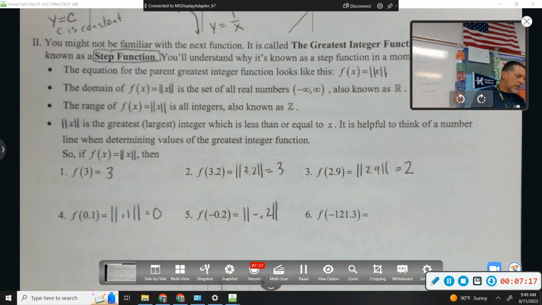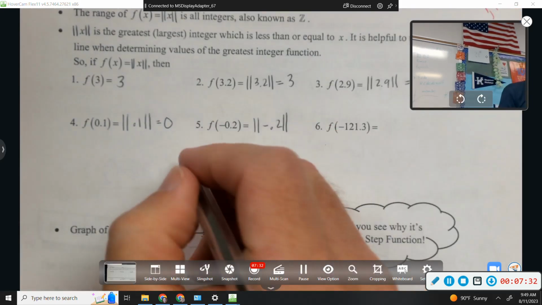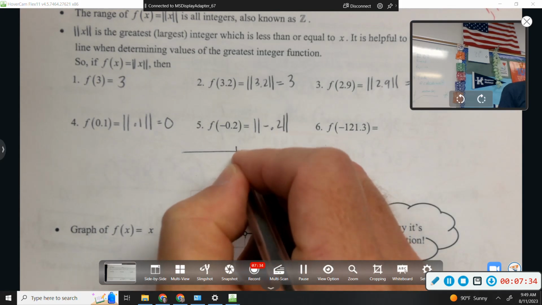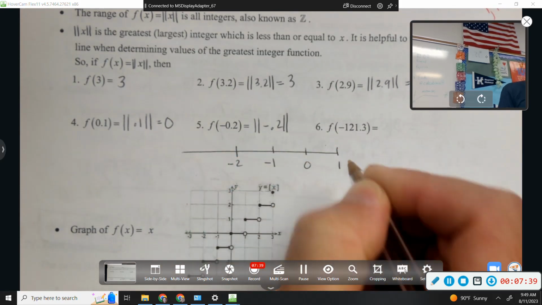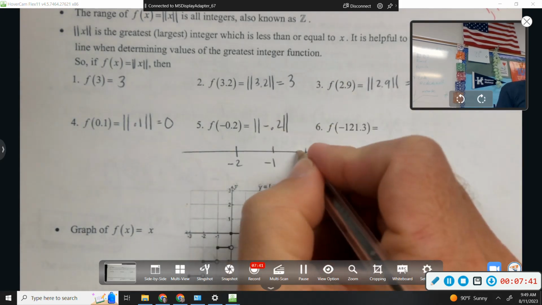Now, be careful with the negatives. Negative 0.2, so I need the biggest integer that's less than or equal to negative 0.2. Uh-oh. So negative 0.2 is like right there.